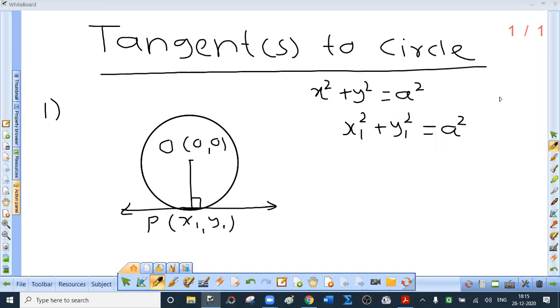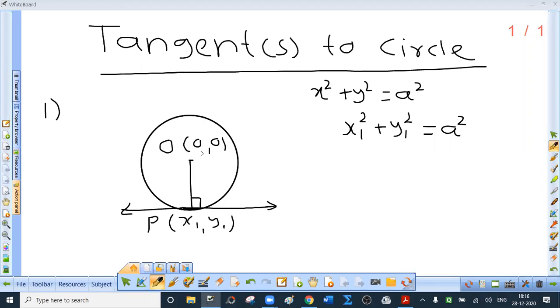If you want to apply it to a general circle, you will have to reduce that equation to this form by shift of origin and so on. In the third part, we will show that in general, two tangents can be drawn to a circle from a point (x1, y1) in the same plane. And finally, we will obtain the locus of points, tangents from which to this circle are at right angles. Is that clear?